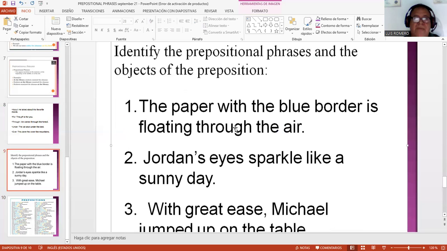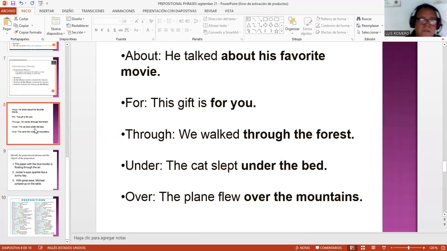And then you have through. Through is another prepositional phrase. Remember when we worked with the sentence, we walked through the forest. So through is a preposition.